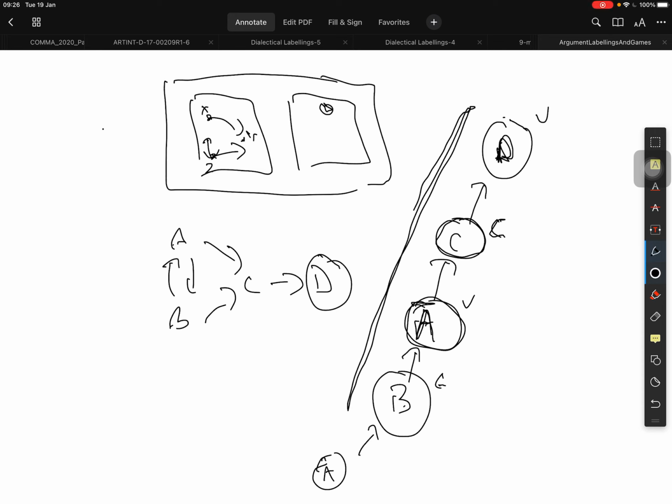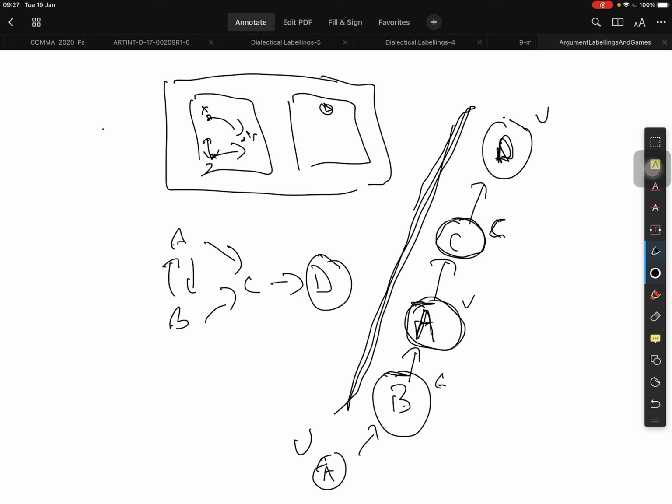But the opponent, the computer, cannot repeat in a line. So although the computer has moved B before, now looking at the framework, B attacks A. But because the computer has already moved B in this line of arguments, at this point there is no legal move that the computer can make. Right? So having run out of moves, and with the last move moved by the user, the user has successfully established that the argument D is in a preferred extension.